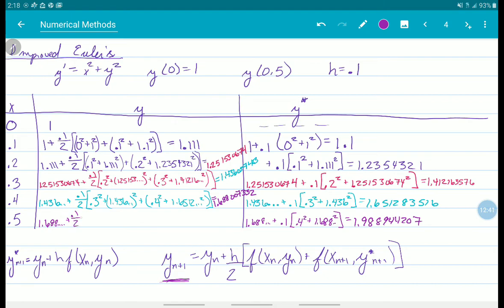Step size over 2 times, we're evaluating at the last x, y, and then we're evaluating at the current x, y star.